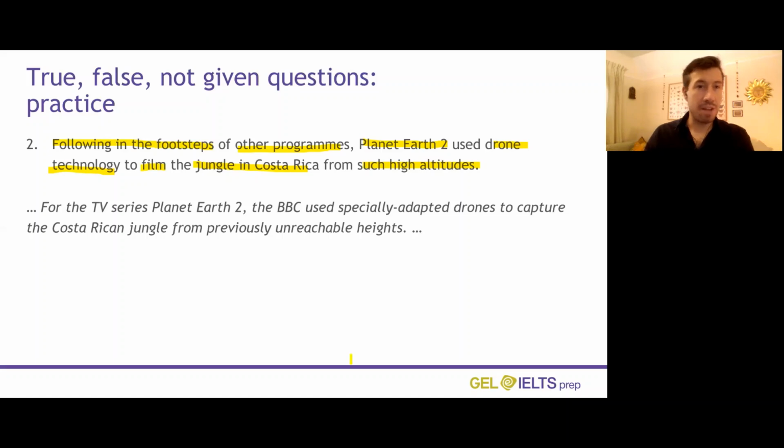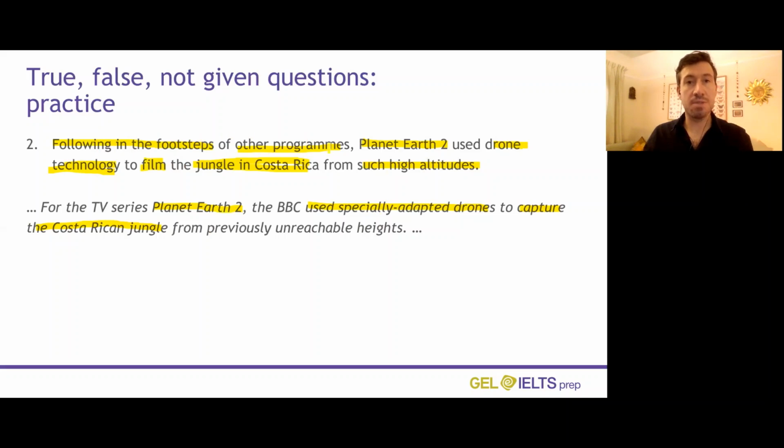Okay. Well, if we read this, we can see here it says for the TV series Planet Earth 2, so we've got Planet Earth 2 here. The BBC used specially adapted drones, so use drone technology to capture, again, we've got film, so that's fine, the Costa Rican jungle, the jungle in Costa Rica, the Costa Rican jungle, from previously unreachable heights, such high altitudes. Now, this bit here, following in the footsteps, that means that they copied another program.